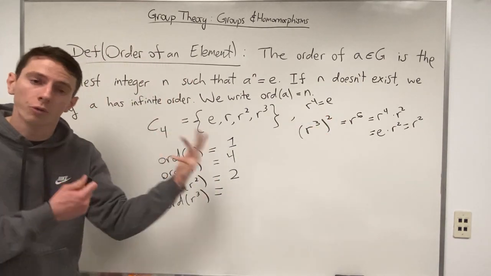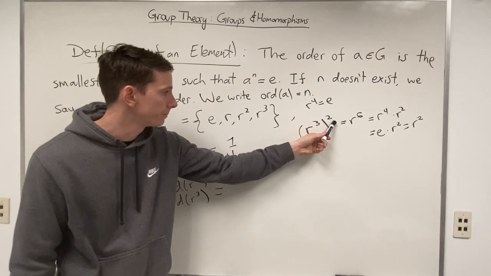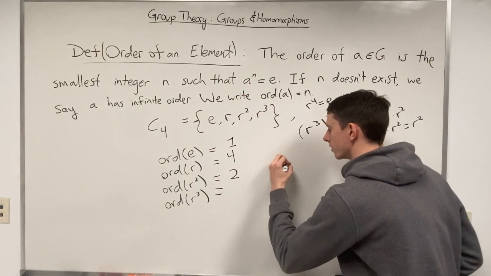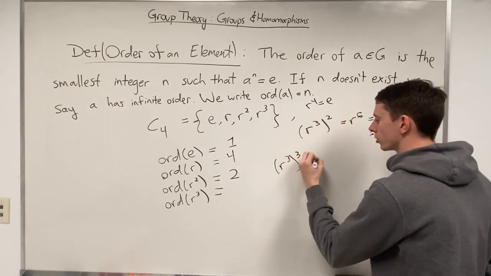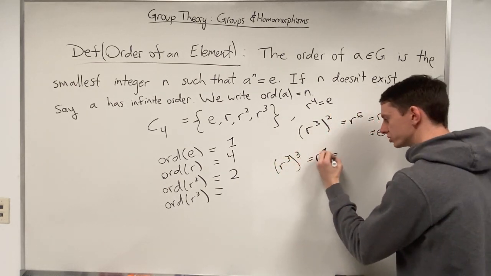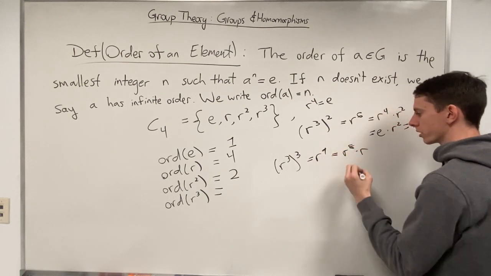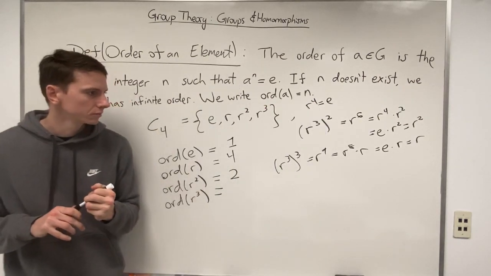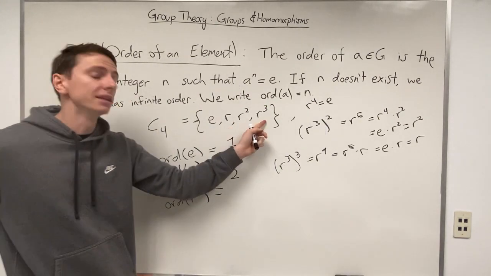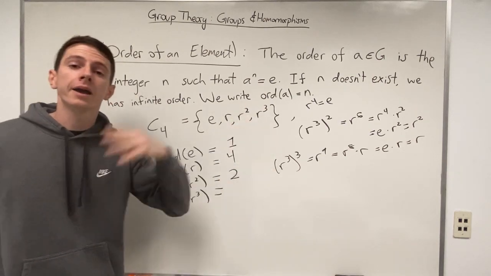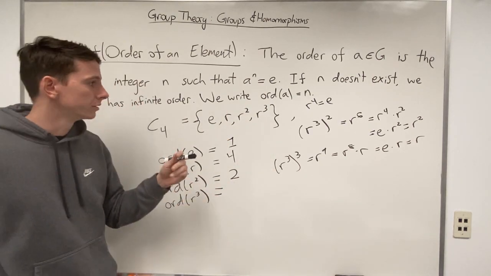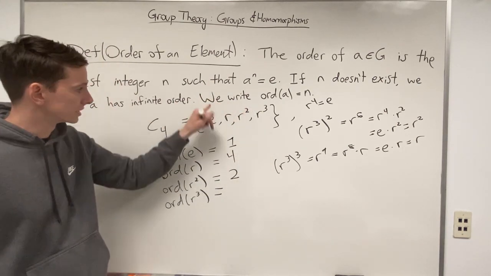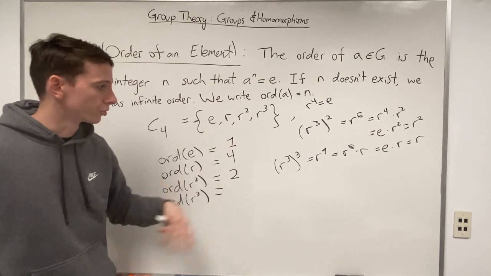Let's just keep on going, and hopefully you can see the pattern. If this were to become a 3, then we get R to the 9. Let me just write this out. R cubed cubed, that's R to the 9, which can be decomposed as R to the 8th times R, which is E times R, which is just R. So if we were to take this element, R cubed, apply the binary operation to it 3 different times, so we get R cubed times R cubed times R cubed, that would bring us back to this element, R. So the order can't be 3.